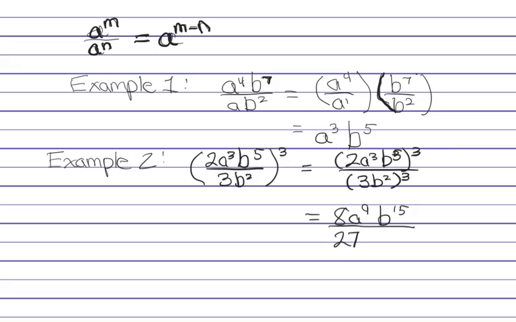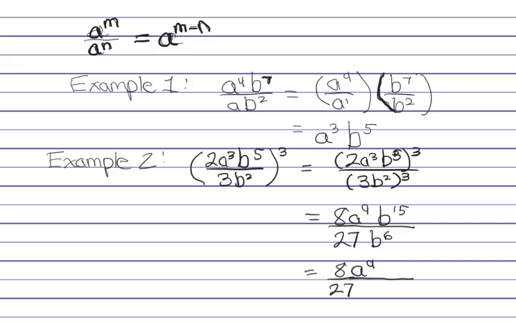b squared to the 3rd would be b to the 6th, because I'm multiplying the exponents when I raise a power to a power. As far as the 8/27 goes, there's nothing I can do to simplify that. It simply is what it is, because they have no common factors. I have an a in the numerator, but I don't have any a's in the denominator, so I'll still have an a to the 9th in the numerator.